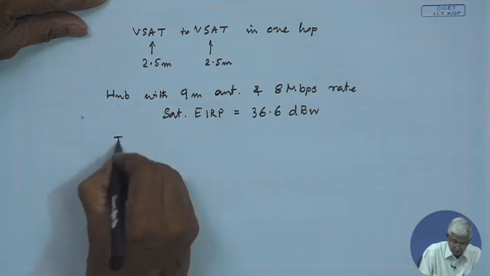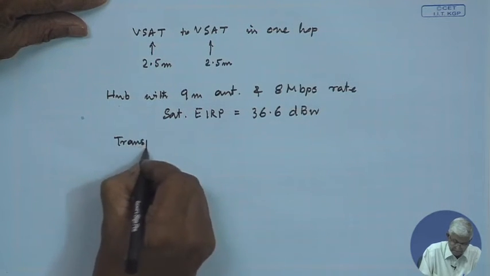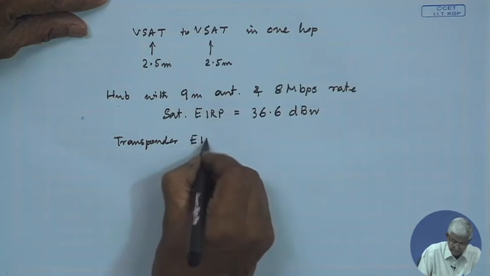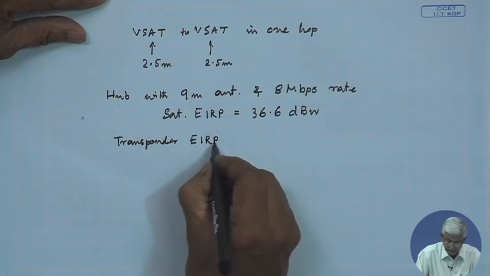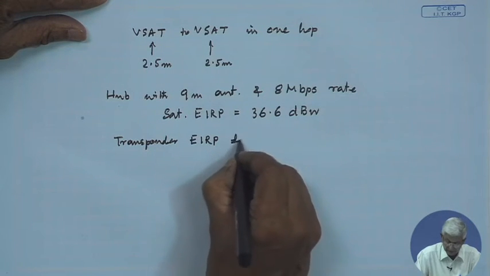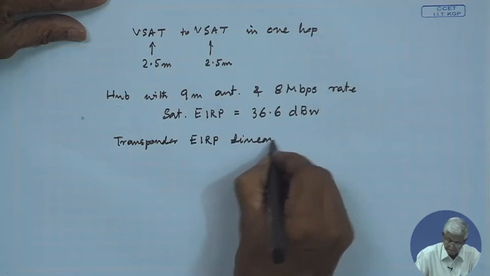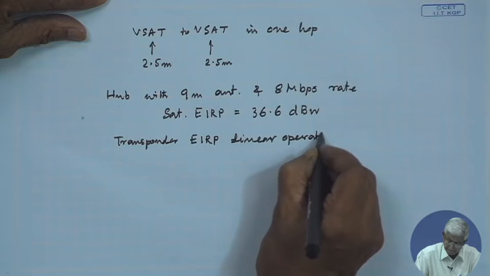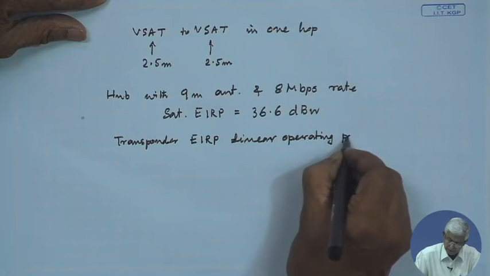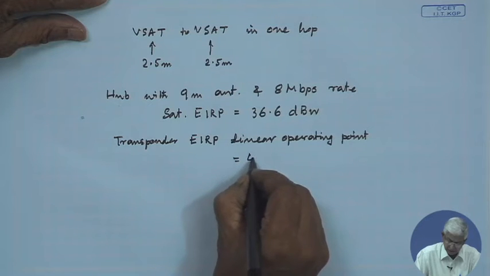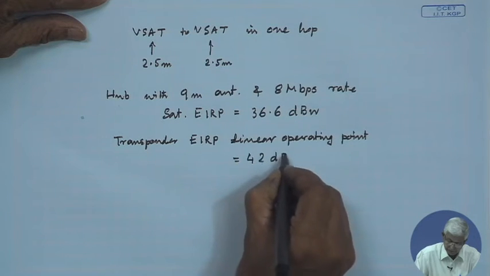Now, transponder EIRP in the linear region of operation is of the order of 42 dBW.